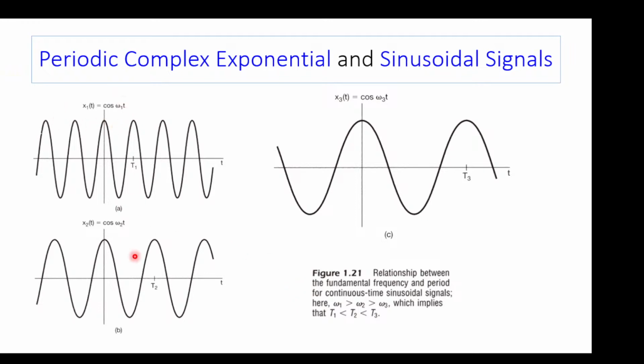We have omega 1 bigger than omega 2 and bigger than omega 3, and you see the oscillation getting slower and slower from 1 to 3, which means the period is getting larger and larger. This is the highest frequency, this is the lowest frequency, and you see the period getting larger. That's the idea about fundamental frequency.